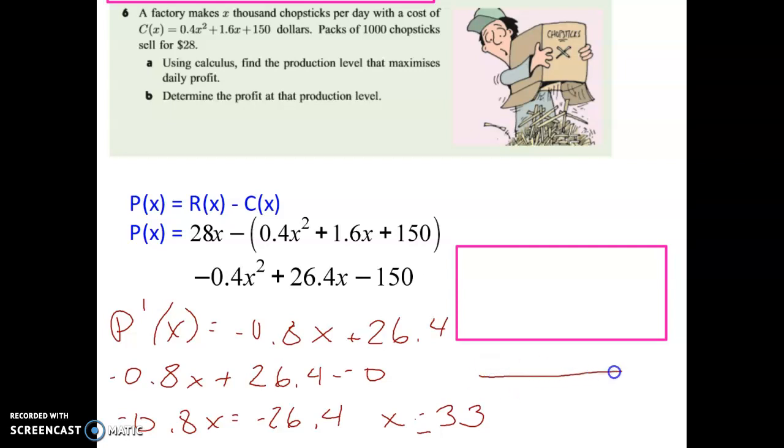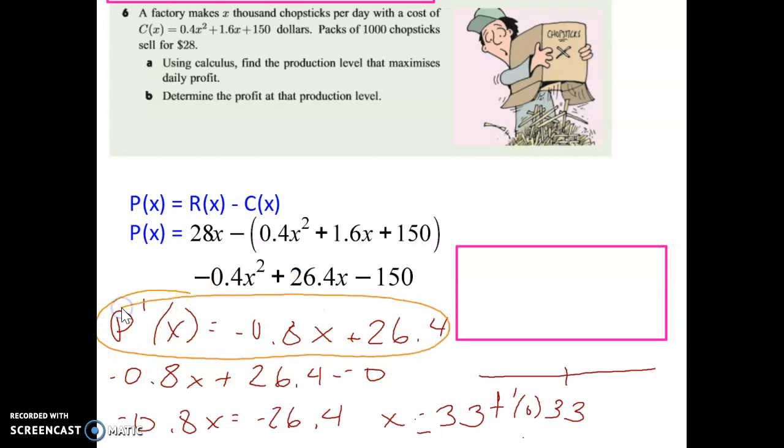I'm going to draw a little sign diagram here. Put 33. All right, so I am going to pick a value that's less than 33. The easiest one I can think of is 0. And if I put 0 into my derivative, so I'm substituting into the derivative, which is here, I put 0 in place of x. You can see I'm going to get 26.4, which is greater than 0.